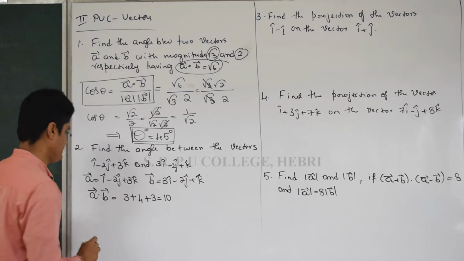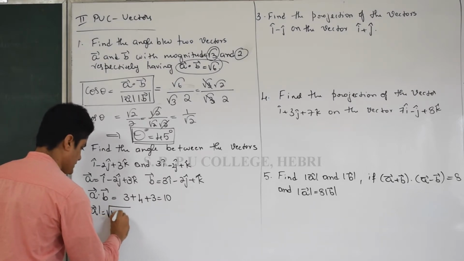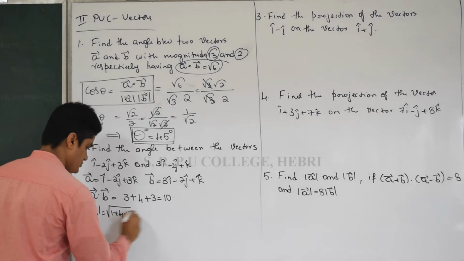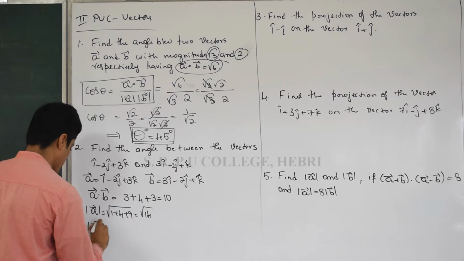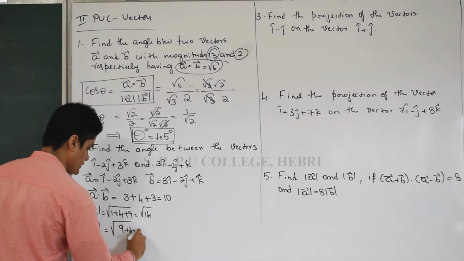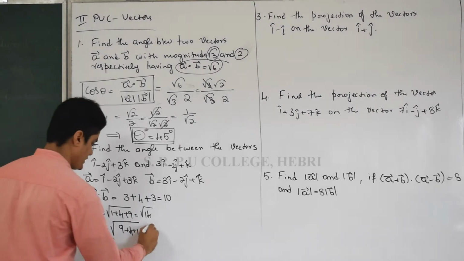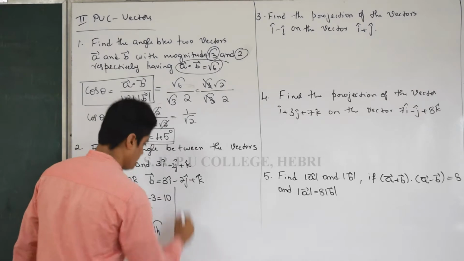Got it? Next you need the magnitude of vector A, right? That is square root of 1 plus 4 plus 9, so it is root 14. Then the magnitude of B is required: square root of 9 plus 4 plus 1, again root 14. Now what is the formula?